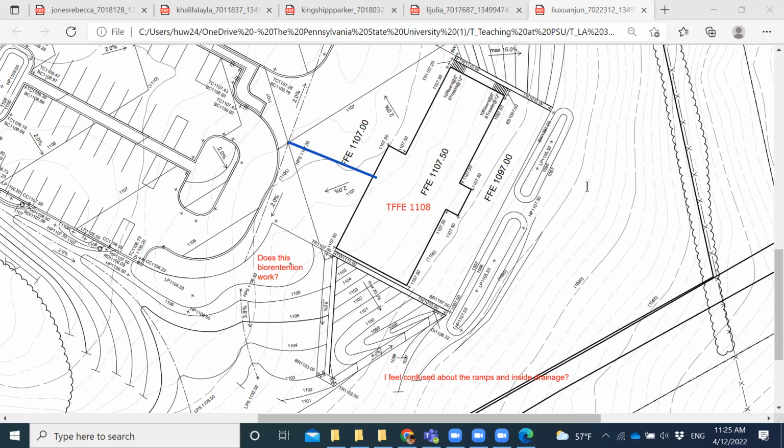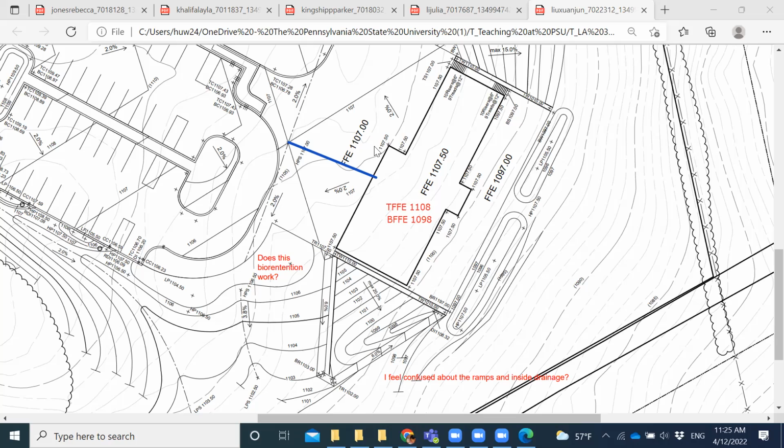And then the bottom would be 1097.5, 1097. The FFE would be around that, right? You still need to calculate it. But it's very close to 108. Oh, 107. Wrong. This is actually 8. So at the bottom, you need to get to 1097.